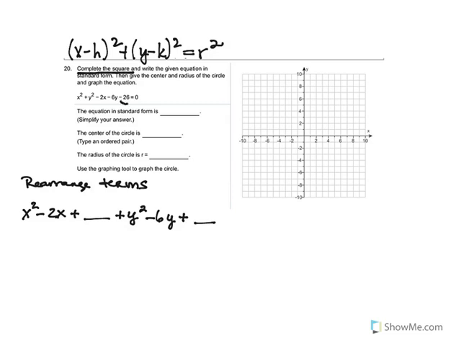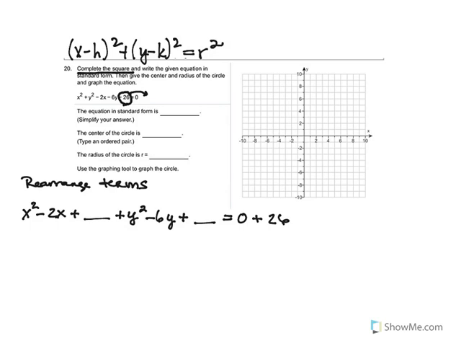And then this constant here, negative 26, again, look at the completing the square video if you haven't already. We need to move that to the other side because it's not part of either one of the trinomials. So I would move it to the other side by adding it to the 0. Now we have x squared minus 2x plus blank, because we are going to find that c by completing the square.